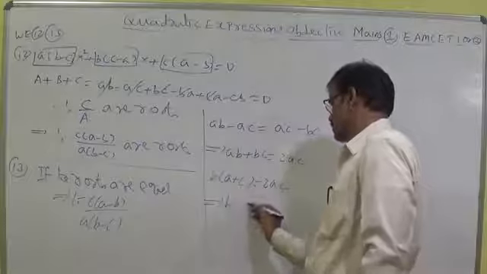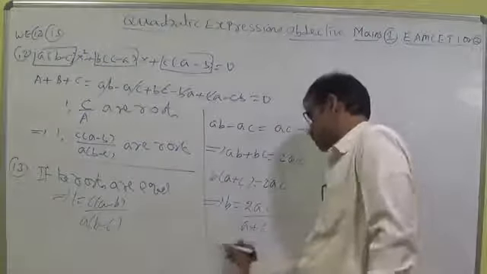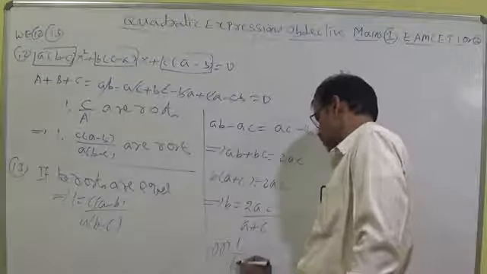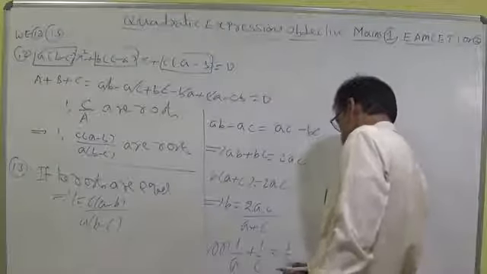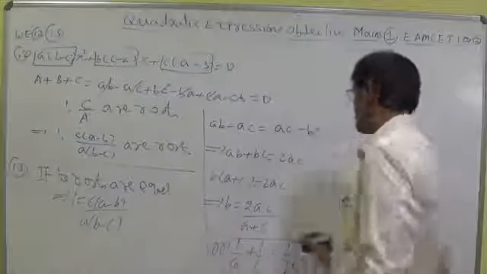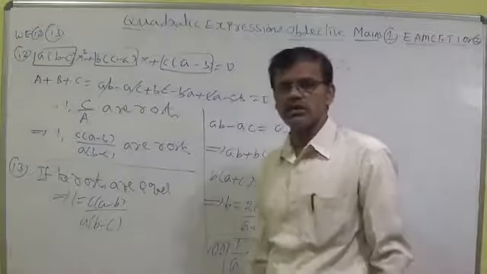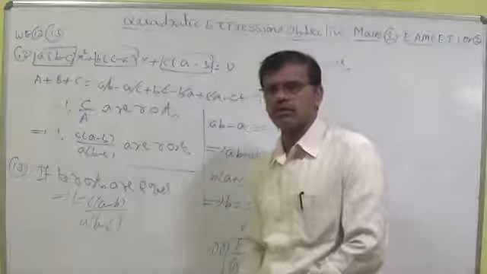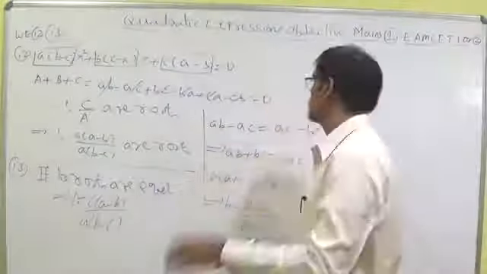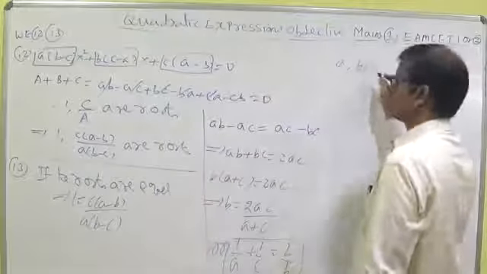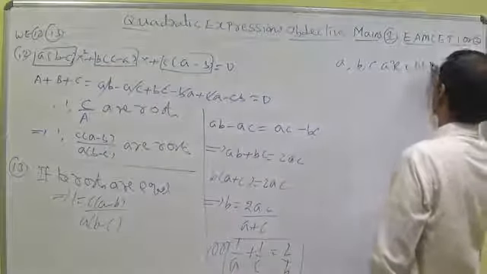We know that b = 2ac/(a + c), or you can write 1/a + 1/c = 2/b. Therefore, this is another condition. Whenever the roots are equal in the concept of A + B + C = 0 for a quadratic equation, a, b, c are in HP, harmonic progression.